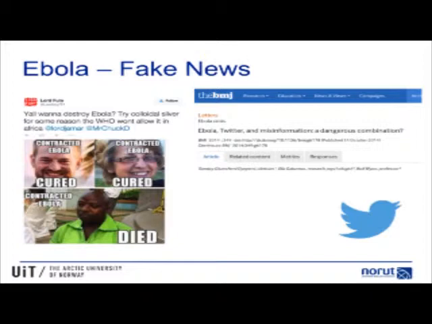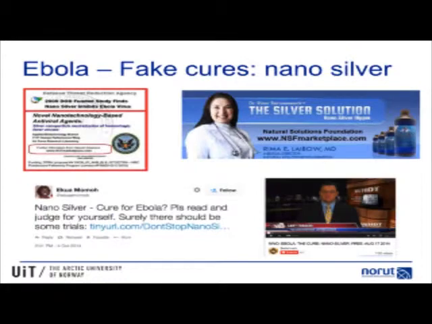That was in Nigeria. Then you have to think also that sometimes miscommunication is created on purpose by people who profit. In this slide, the Ebola cure, the nano silver cure, you have some screenshots from a kind of nano silver solution that can supposedly cure many diseases.